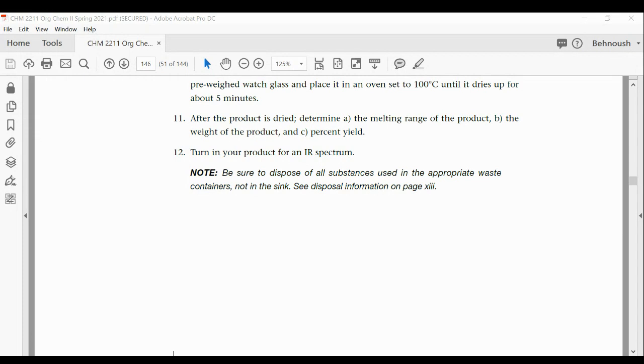Experiment 17 of the lab manual contains all the charts for the IR and for the NMR, and that can help you.